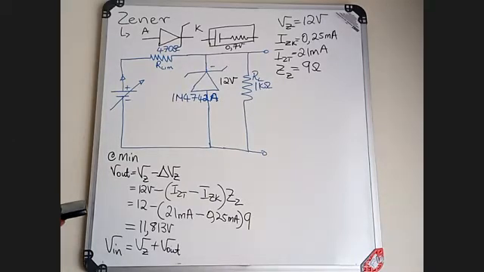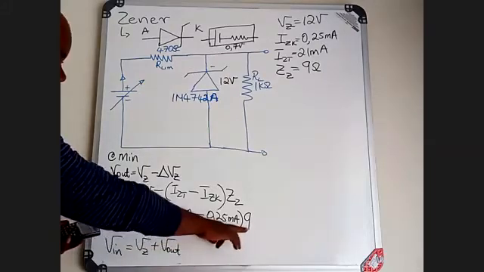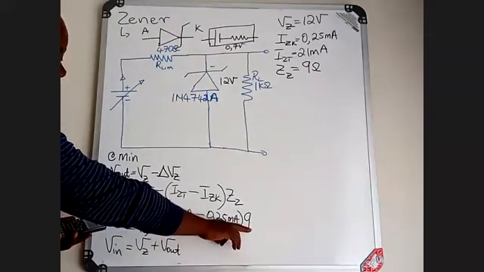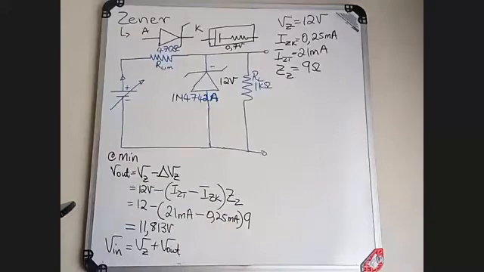Multiply by 9, right? Of which that will give you 0.18675. Oh, okay.